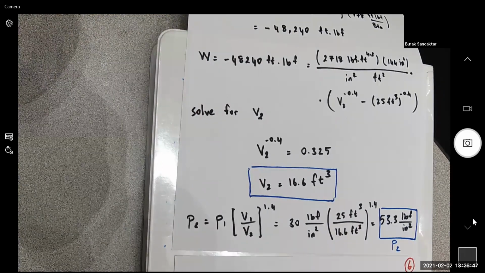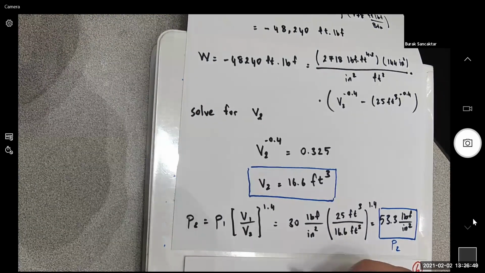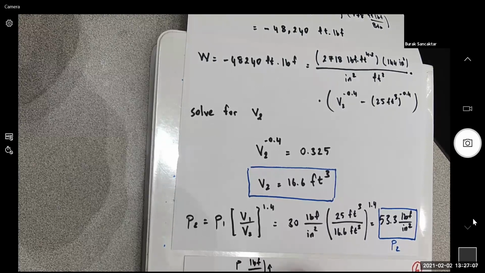Let's show this on a PV diagram. PV diagram, P equals C over V to the 1.4.